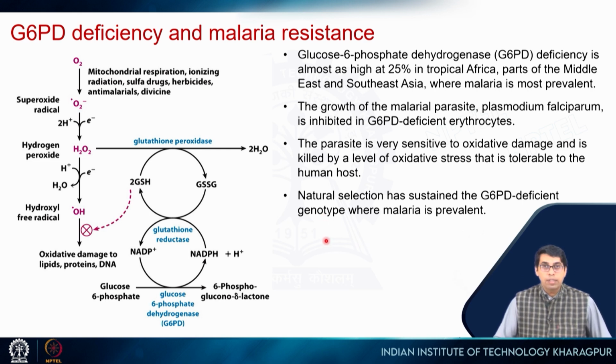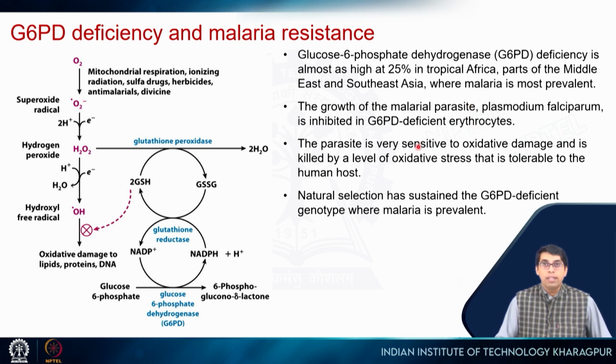The hypothesis that people have come up with is that in these regions malaria is prevalent. Now, growth of the malarial parasite, Plasmodium falciparum, is inhibited in G6PD or glucose 6-phosphate dehydrogenase deficient erythrocytes. Why?